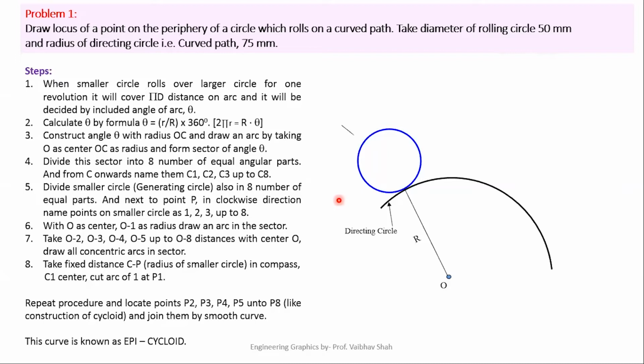Now after plotting this circle, let us denote this circle as generating circle or rolling circle. As you know, this circle will roll over this directing circle. That's why it is known as the rolling circle, and it will be generating the curve at the end, which is known as epicycloid. That's why this circle is also known as a generating circle.